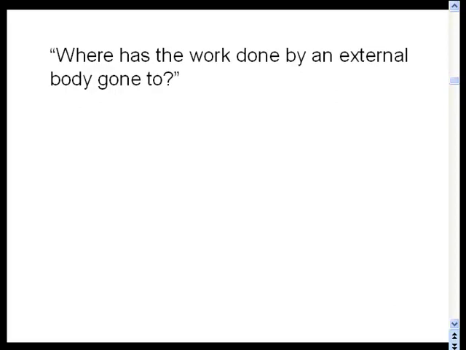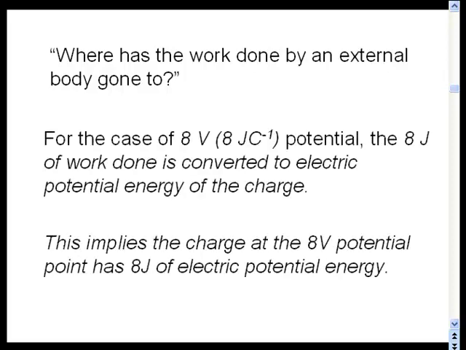The next relevant question to ask is, where has the work done by an external body gone to? For the case of 8 volt potential, the 8 joules of work done is converted to electric potential energy of the charge. This implies the charge at the 8 volt potential point has 8 joules of electric potential energy.